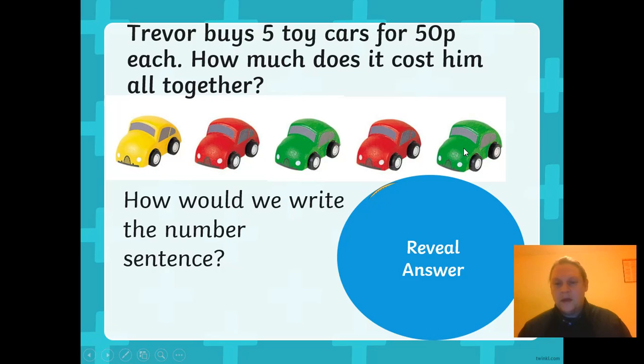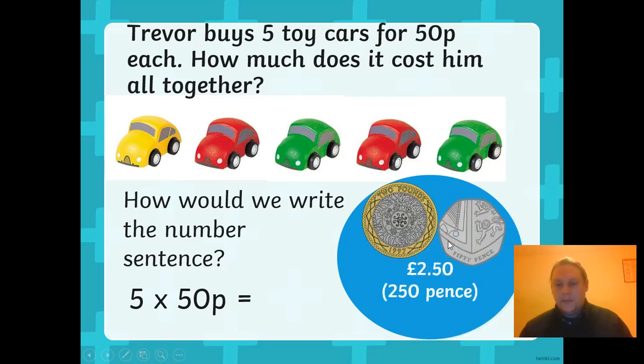And then what's this car going to be worth? 50p. Okay, how would we write the number sentence for this? We've got 1, 2, 3, 4, 5 cars, each worth 50p. Number sentence is going to be 5 times 50p. Now, what's the answer going to be? £1, £2, £2.50. Okay, so £2.50, which is 250 pence.